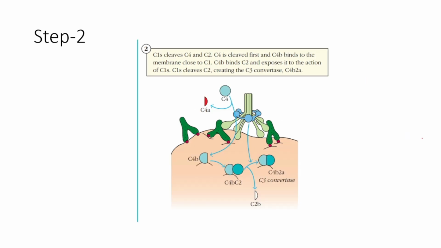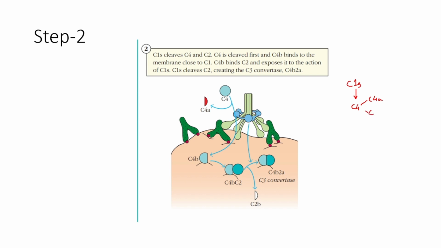Now what is the second step? This C1S subunit, which has been activated in the first step, activates another complement protein which is C4. So what does it do? This C1S subunit cleaves C4 into two fragments, which are C4A and C4B.